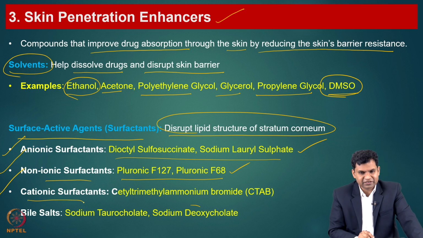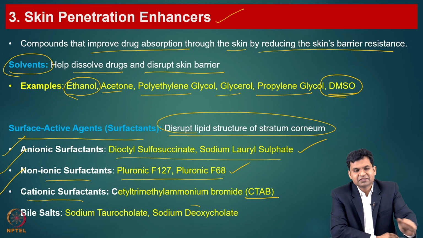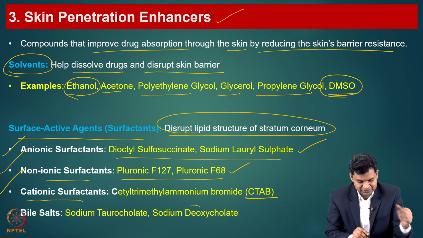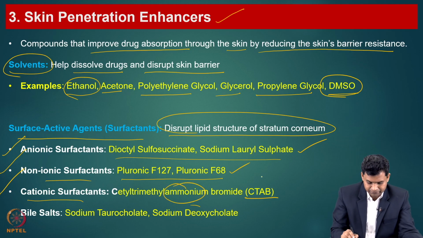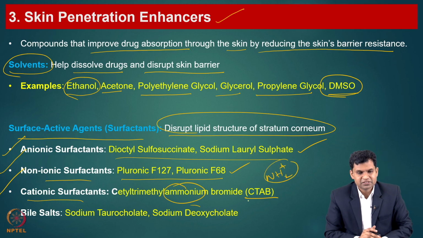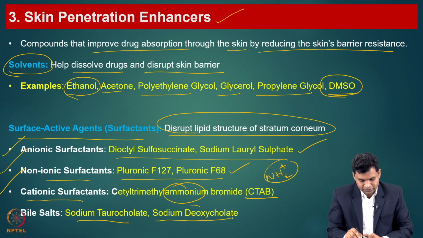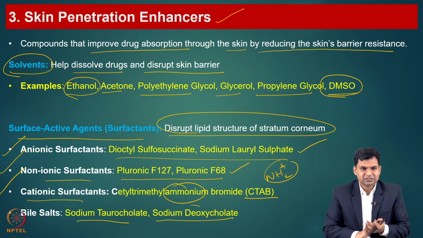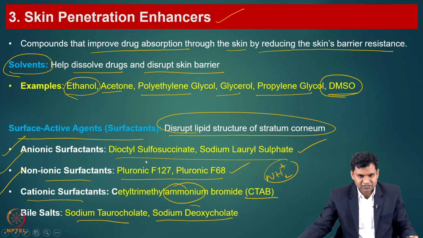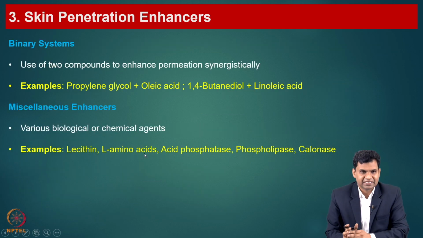And cationic surfactants, that is CTAB, cetyl trimethyl ammonium bromide, which contains ammonium that gives the positive charge. And bile salts: we use sodium taurocholate and sodium deoxycholate. So, these are some of the agents which work as skin penetration enhancers.